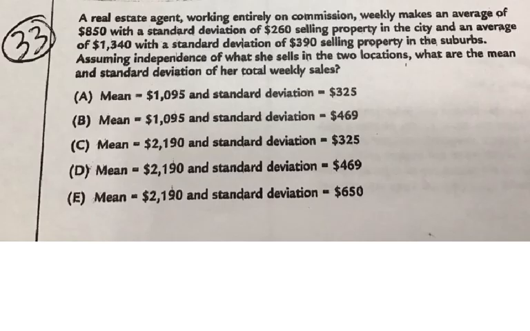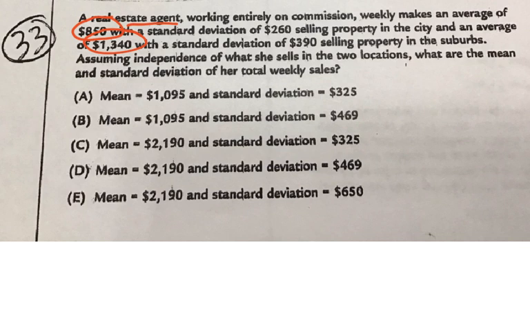All right, one more. Guys, we talked about this in a previous video. Notice how we're averaging 850 and 1340, right? Well, if I want to combine those two, because, you know, as a realtor, you're going to sell houses in the suburbs, you're going to sell houses in the city potentially. They're obviously different price points.